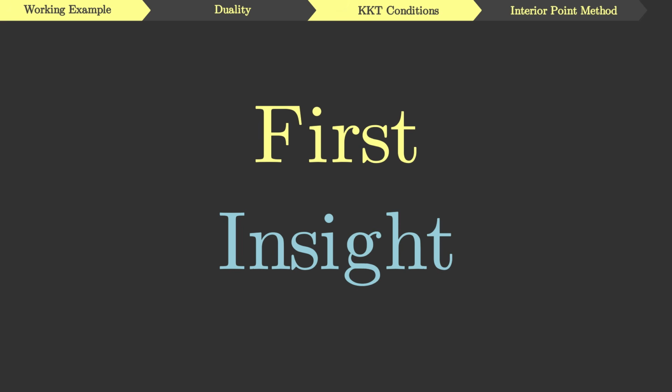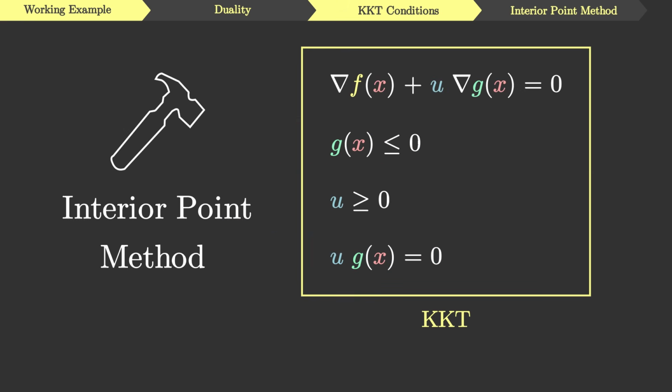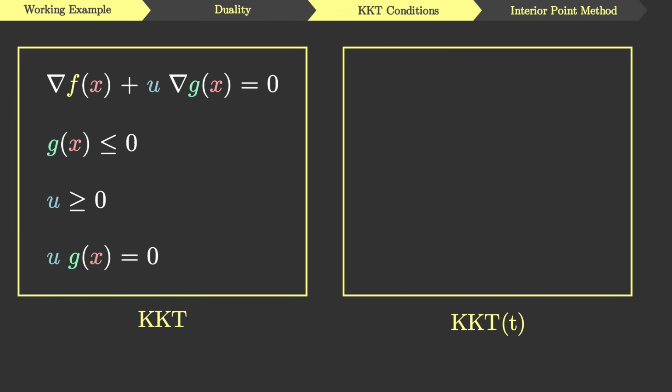The first insight is that we are not going to solve the KKT conditions exactly, but we are going to solve a modified or perturbed version of these conditions that we call KKT of t, where t is a positive parameter that controls the degree of this perturbation. And while we're at it, let's call the solution to these perturbed equations x of t, and call the solution to the original equations x star.